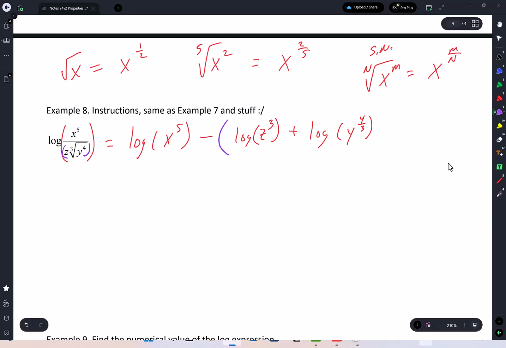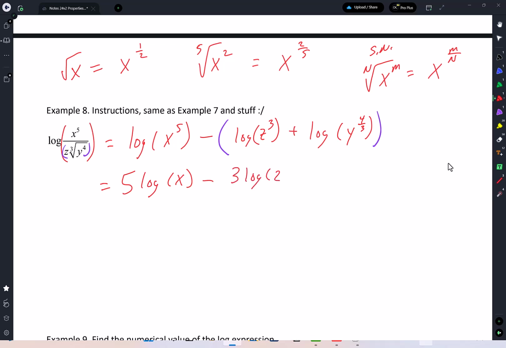And then let me close my purple parentheses because it's a cube root. Now I'm going to distribute the negative, and use the power rule, guys. Bring that 5 to the front: 5 log x minus 3 log z minus, don't forget the minus, 4/3 log y, because I distributed the negative.